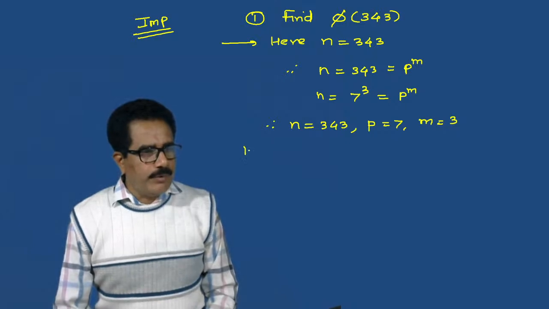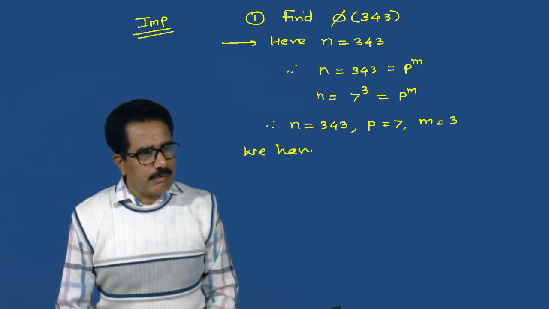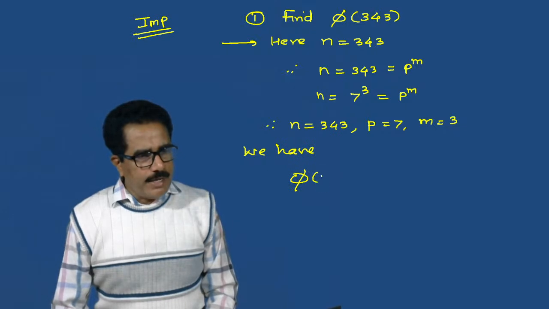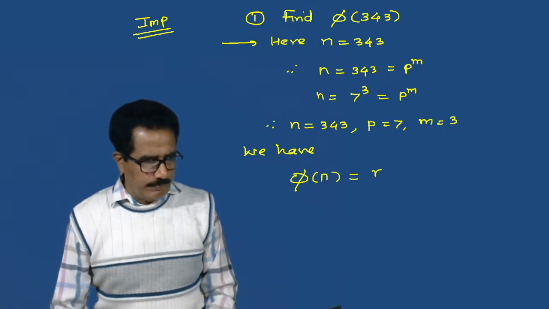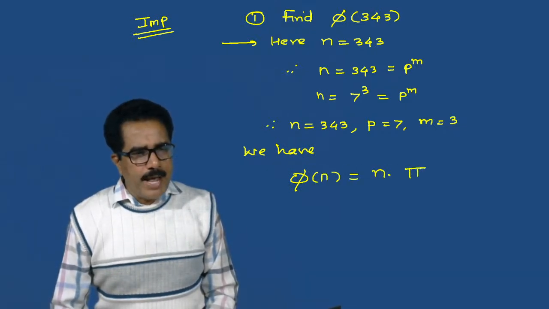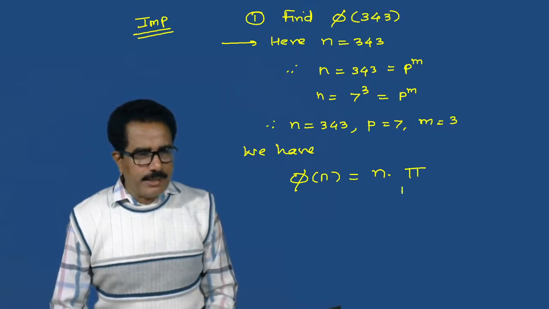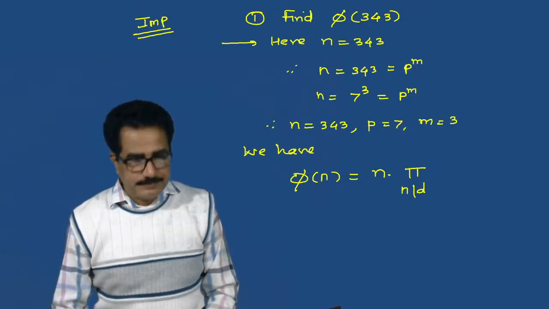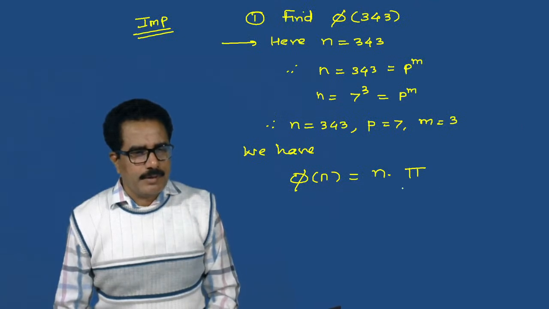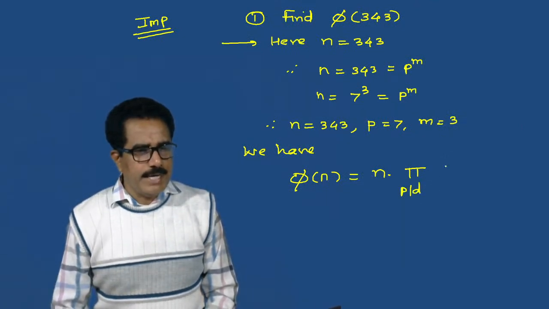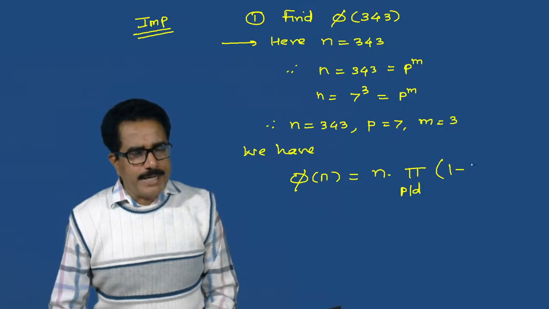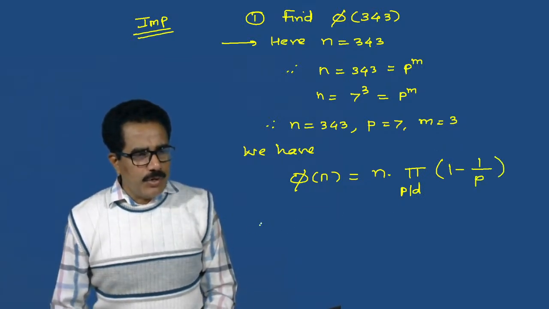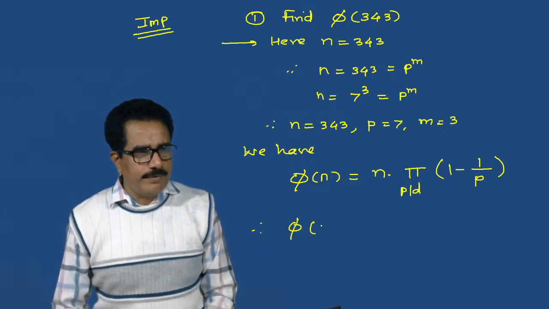So therefore we have phi of n is equal to n into pi over p divides n, 1 minus 1 upon p.